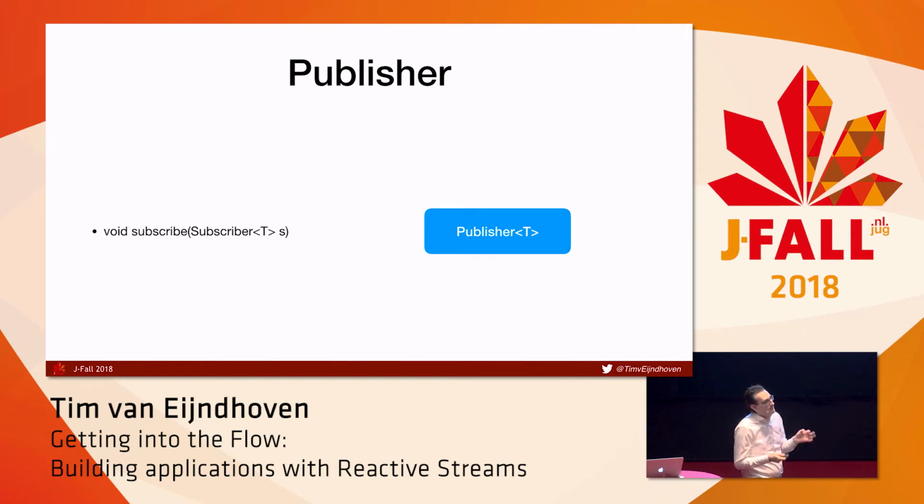Now, when you look at the implementations, which I will come to later, you will see that the implementation-specific publishers often have many more subscription methods, for example taking lambdas as arguments to save you from having to build your own subscriber and call this method, just more for convenience. But this is the basic API.